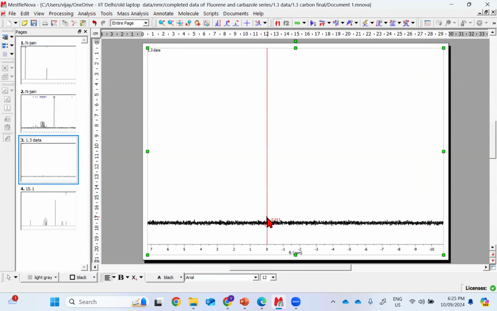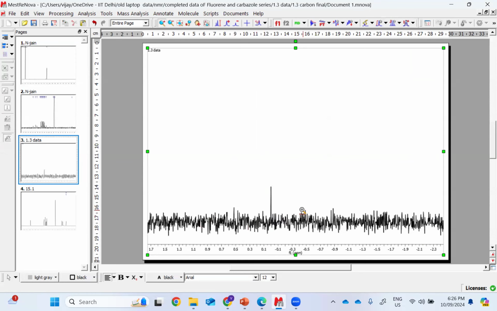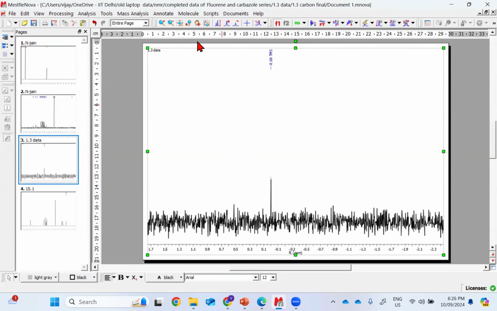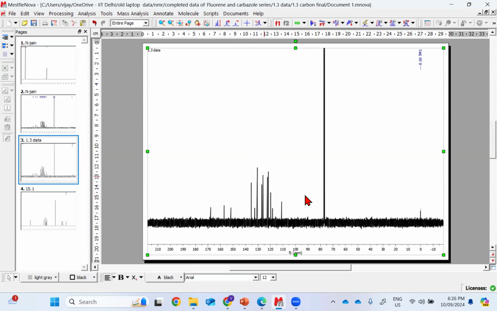I will calibrate the whole spectrum with respect to this signal, and I will standardize this as 0, the 0 due to the TMS, right? The remaining signals will get automatically recalibrated with respect to that 0.